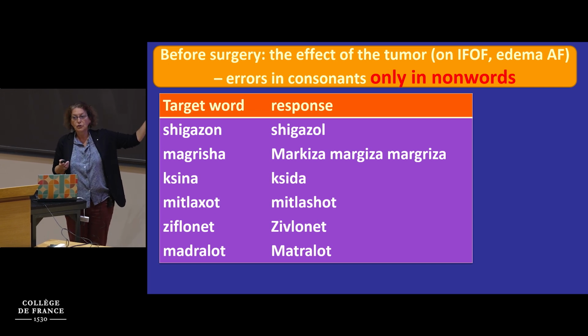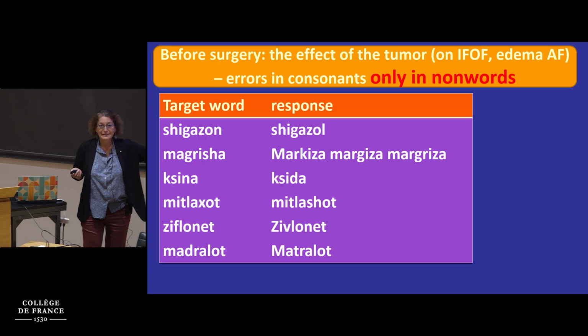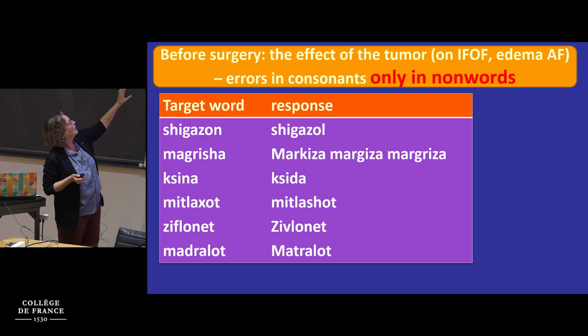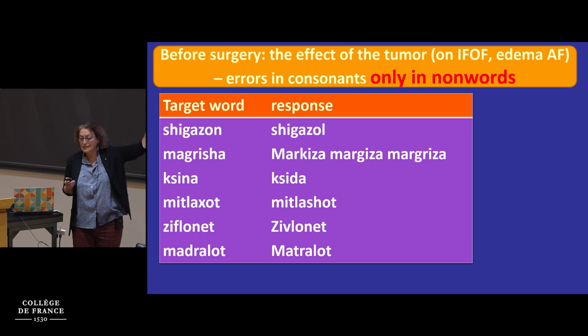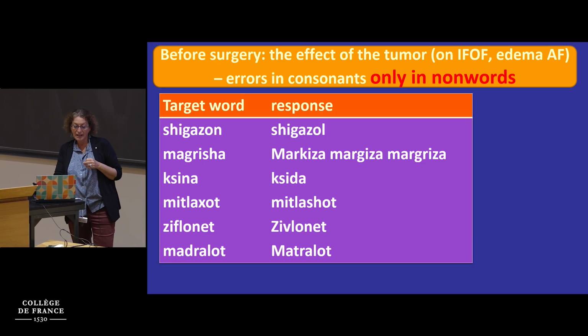The fact that you don't know these words is because these are non-words. They don't exist in Hebrew. I think they don't exist in many other languages. So he read shigazon, which is a non-word in Hebrew, as shigazol, and magrisha as markiza, and ksina as ksida, and mitlachot as mitlashot, and ziflonet as zivlonet, and madralot as matralot.